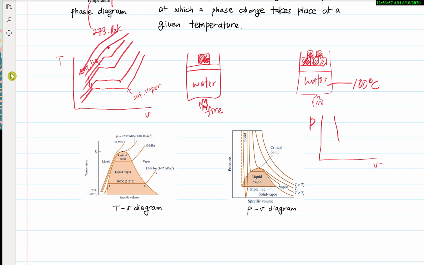The phase change from liquid to vapor continues at constant pressure. As the pressure drops more, the specific volume of the water vapor increases. And this process was under constant temperature. We can draw other lines at different temperatures.